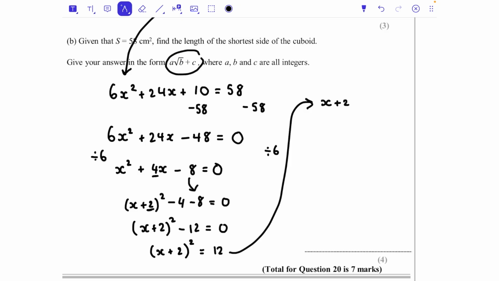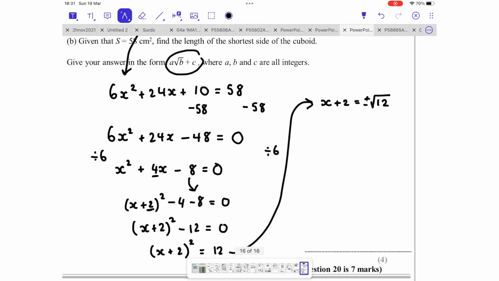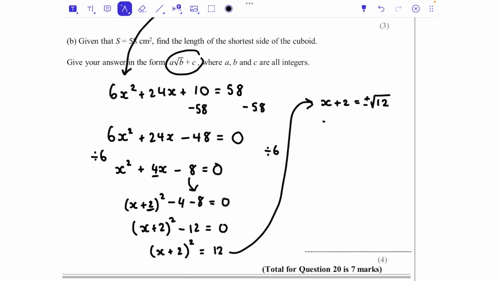So x add 2 equals plus or minus square root of 12. And we know that root 12 is, so x equals minus 2 plus or minus root 4 root 3. Because we're going to simplify this surd. So x equals minus 2 plus or minus 2 root 3.